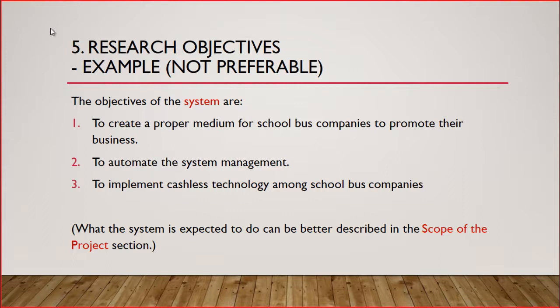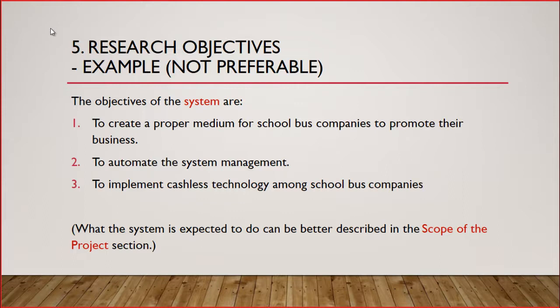Okay, because it focuses on the system. For example, the objectives of the system are to create a proper medium for school bus companies to promote their business, to automate the system management, to implement cashless technology among school bus companies. Okay, this is what the system does.